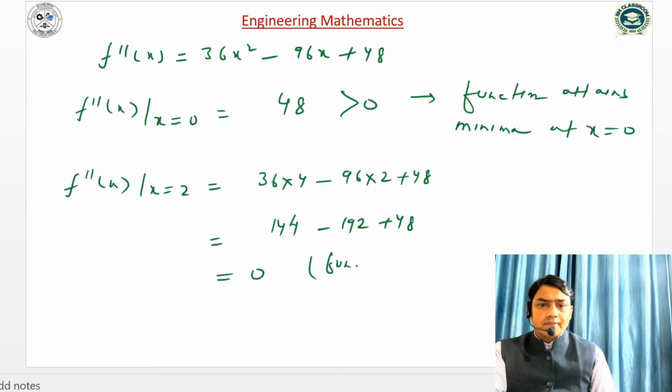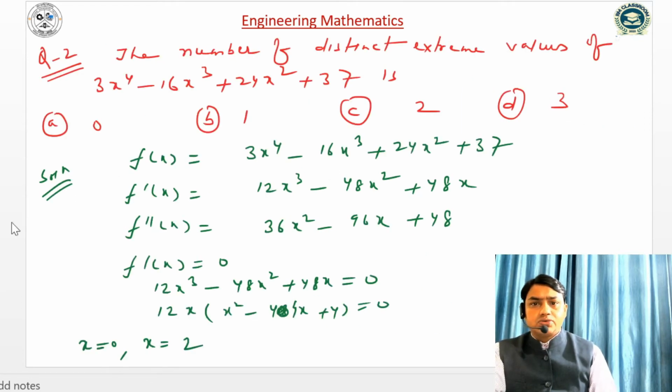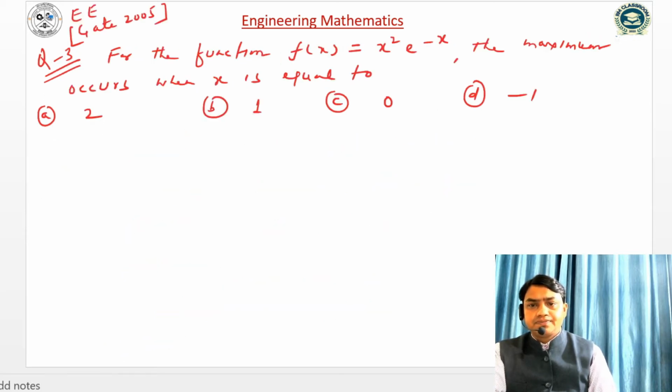So the function attains neither maxima nor minima. So the number of extreme points is only one, that is minima at x is equal to 0. So only one extreme point is there for this function. So B option is correct.